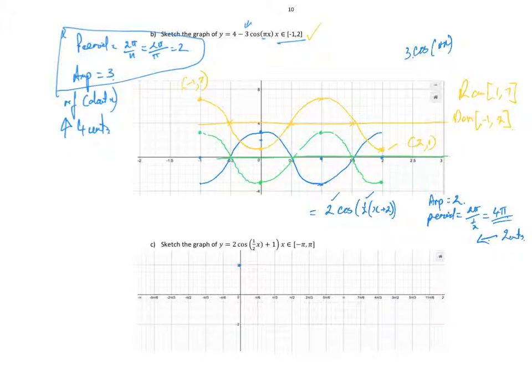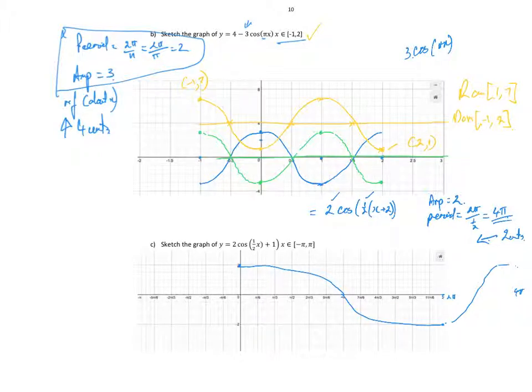So if you like, there's 2 pi. So my graph should finish halfway to there. So there's pi. So the start of the graph is sort of like this, because then we would continue on up to 4 pi. Halfway to pi, half of that is pi.